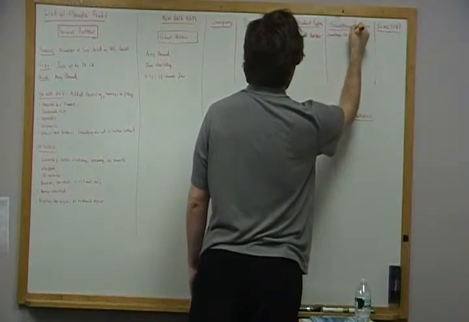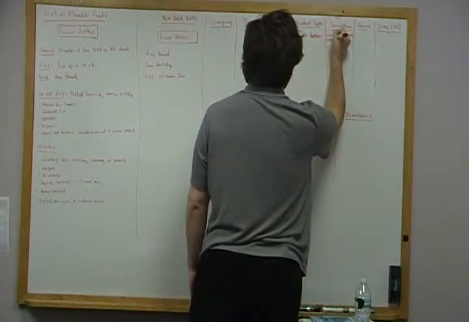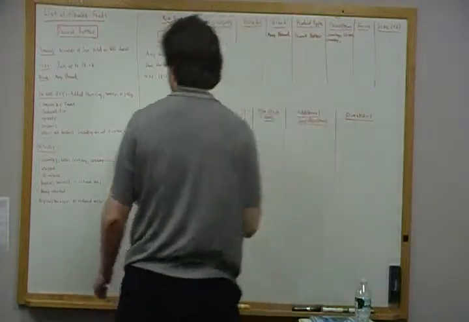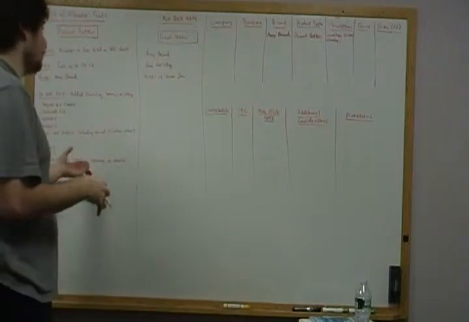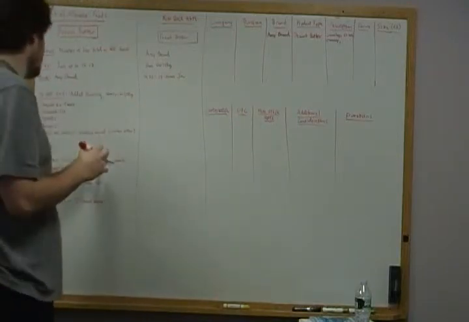comma, extra crunchy, comma. It's really important to put commas in between these things because they're all descriptors of the type of peanut butter.